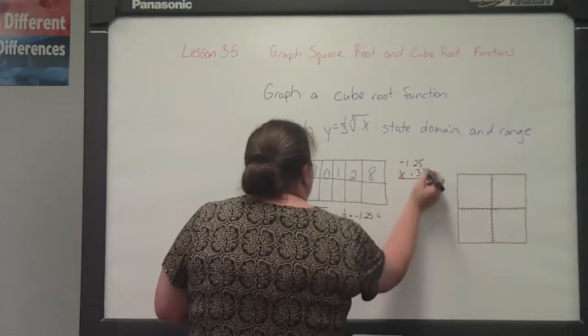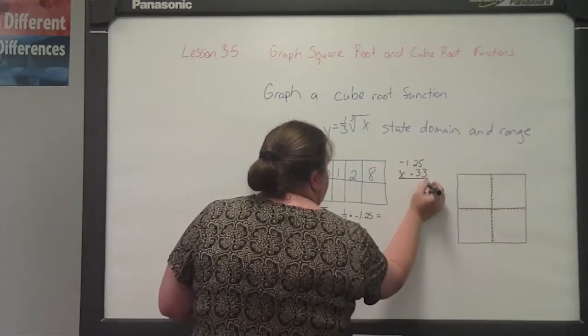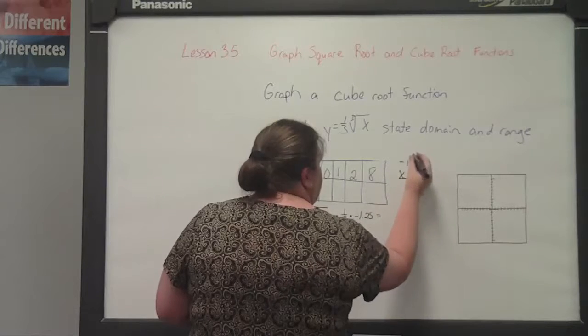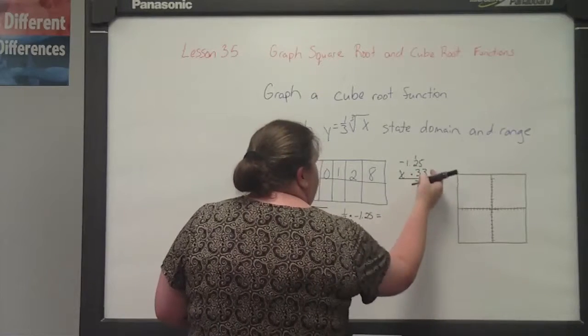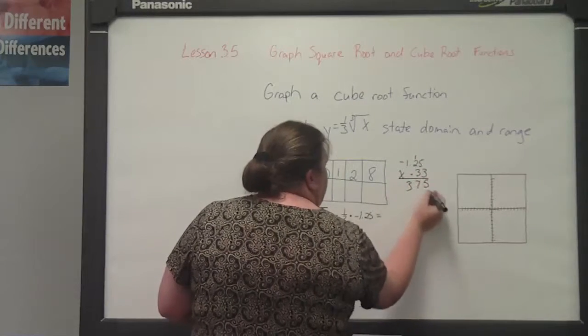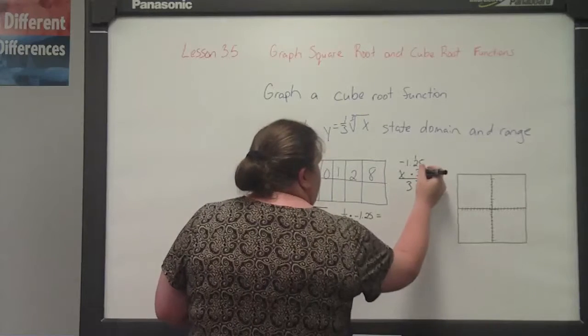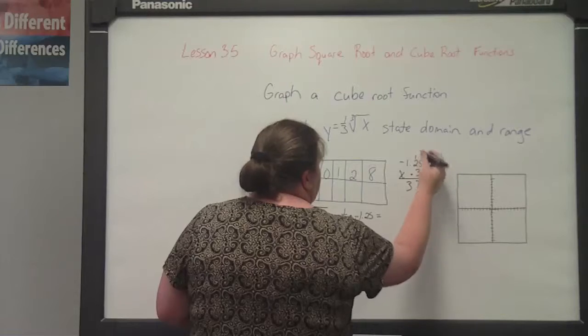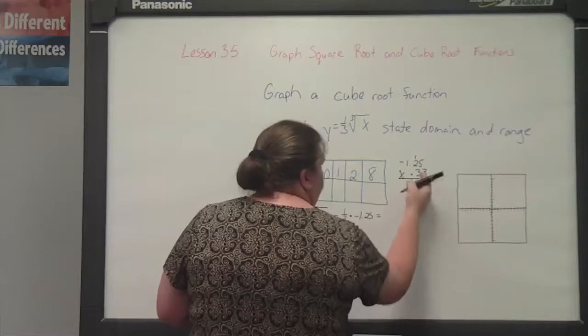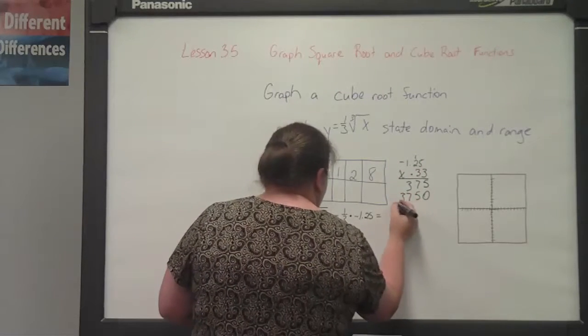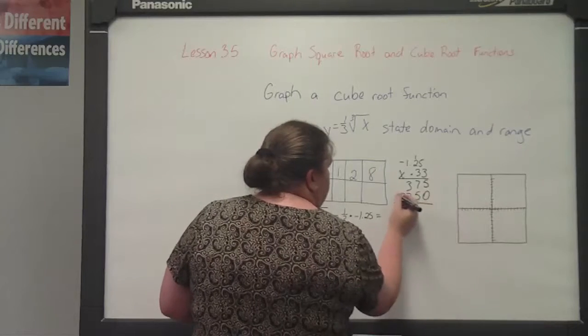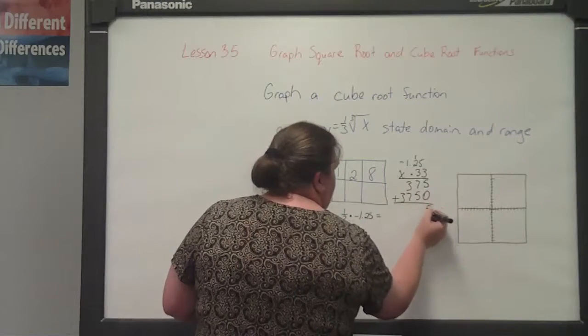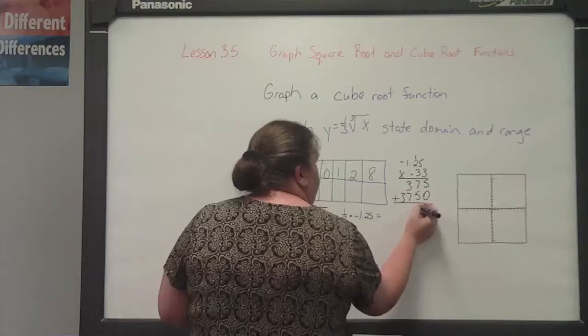We multiply. 3 times 5 is 15. We carry the 1. 3 times 2 is 6 plus 1 is 7. And then 3 times 1 is 3. Again, we start with our 0. We have 3 times 5 is 15. We carry the 1. 3 times 2 is 6 plus 1 is 7. And then 3 times 1 is 3. So now we add. 5 plus 0 is 5. 7 plus 5 is 12.